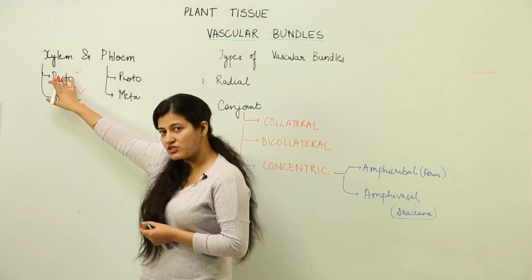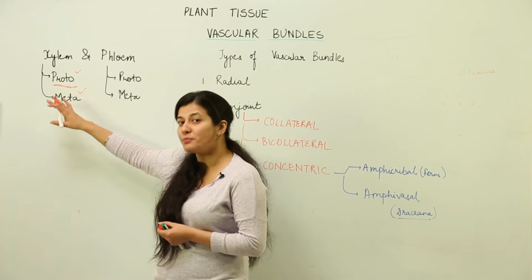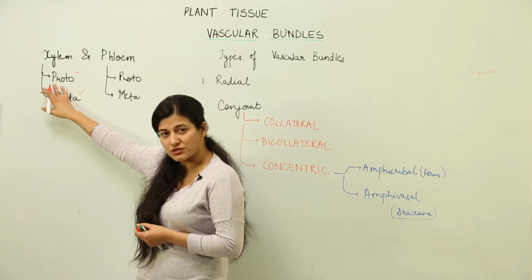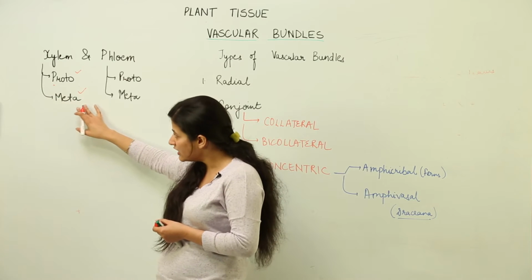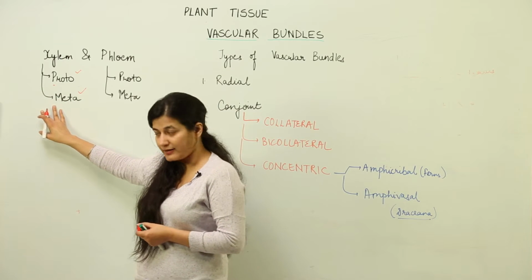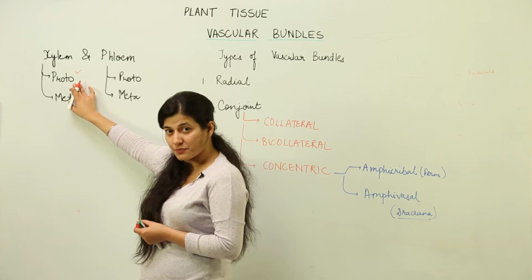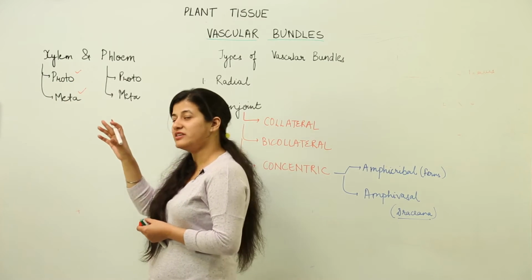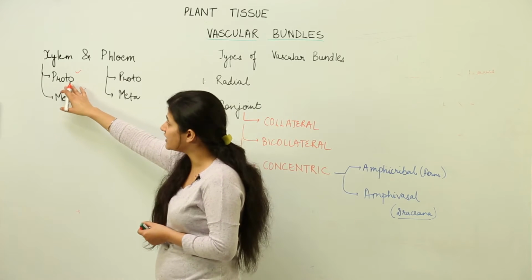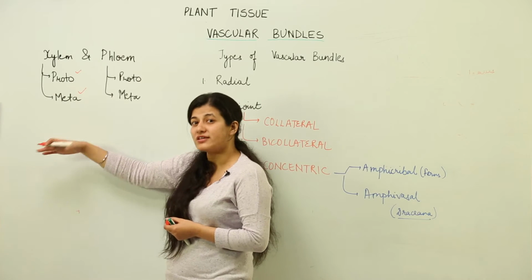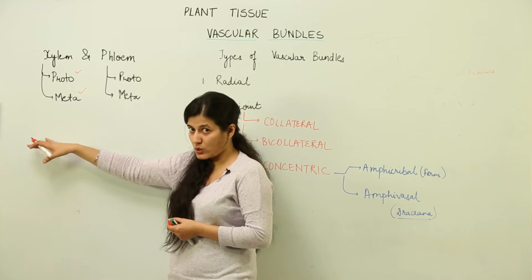So the xylem which is formed in the beginning from the primary meristem would have certain characteristic features which would not be present in the later formed xylem. The vessels and the tracheids formed in the protoxylem would have scalariform thickenings or annular thickenings, and in the metaxylem more vessels would be present with pits, along with the tracheids.